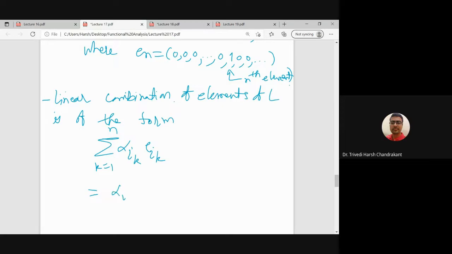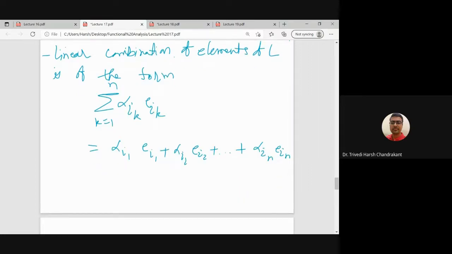So that is nothing but alpha i1 e_i1 plus alpha i2 e_i2 plus ... plus alpha in e_in. So these i1, i2, in are any natural numbers, and for that we get the sequence 0, 0, 0, 0, 1, 0, and so on.